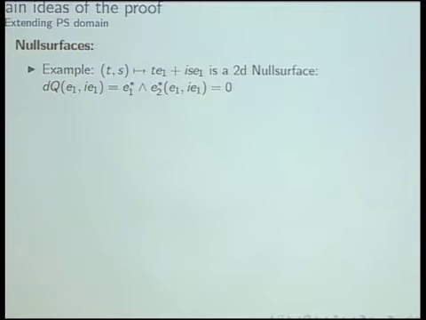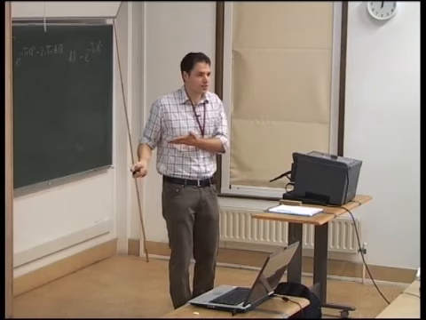And then you see that if you insert the tangent vectors into the volume form, the tangent vectors are E1 plus I times E1, E1 and I times E1. The volume form is E1 dual wedge E2 dual, and these two are linearly dependent over C, so the I pulls in front here, and this is immediately 0. So this is the idea why you have these null surfaces.